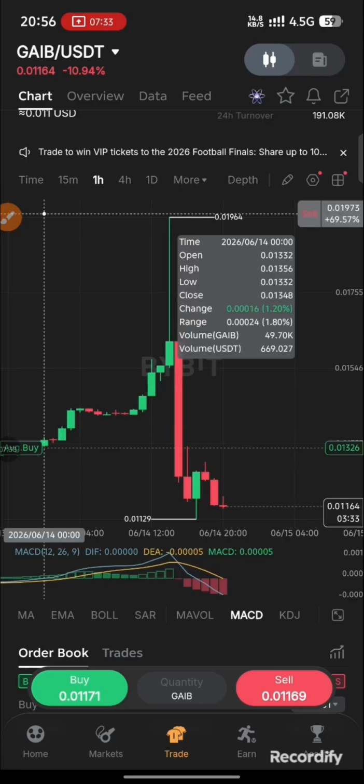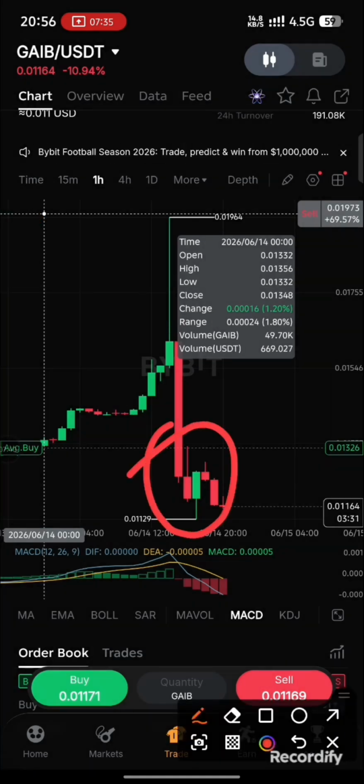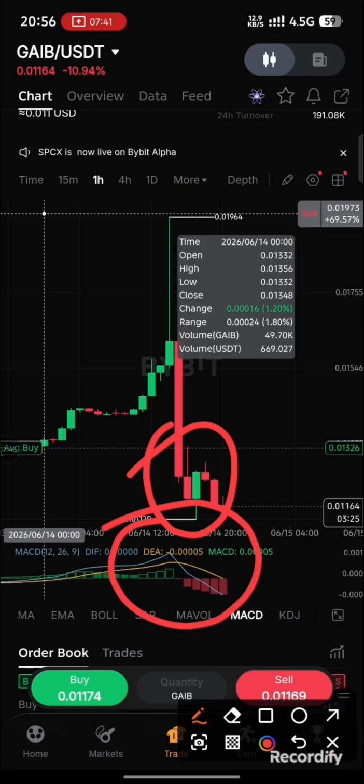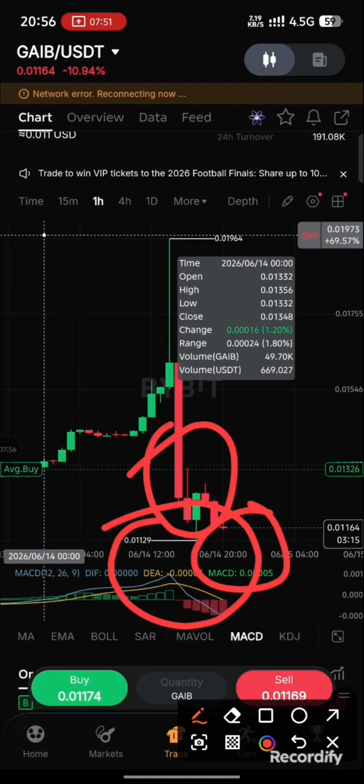After the sharp down movement, you can see the sign of a hammer formed in the next 1 hour, but the MACD indicator is going opposite. But when you watch it carefully, the MACD indicator becomes green, and I can see it's green right now, so there's going to be a reversal sign in the soon time.